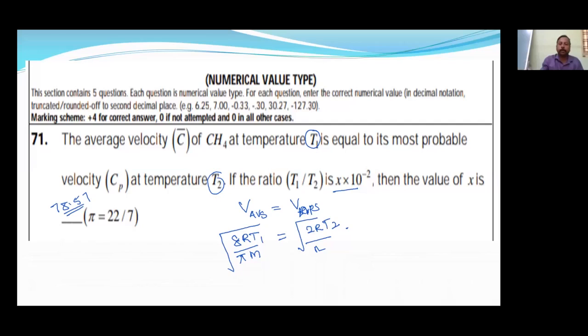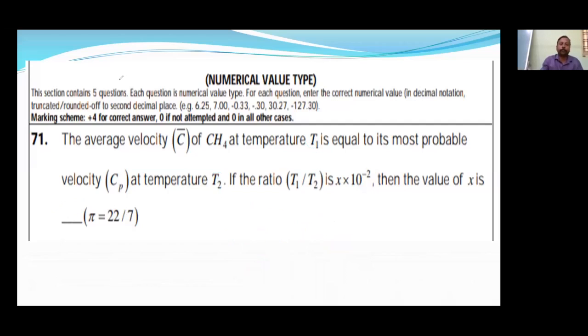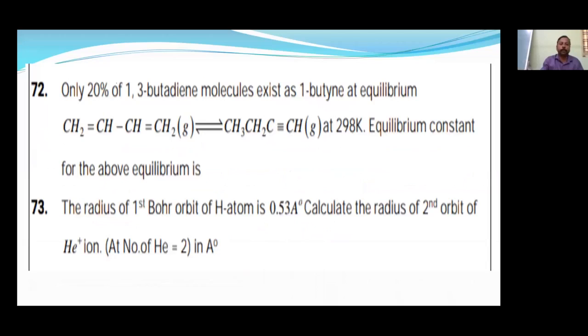Okay, now let's see the next one. Only 20% of the 1,3-butadiene molecule exists as this form, find the equilibrium constant.